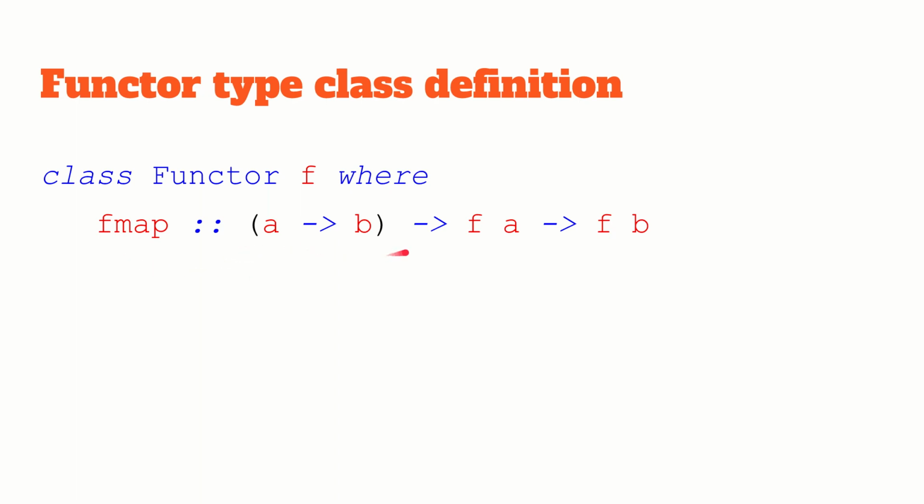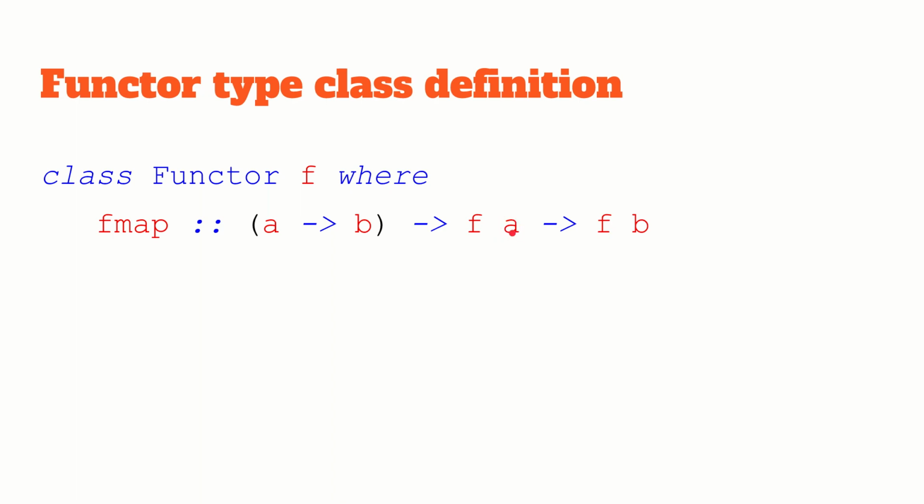This is a function name called fmap. You pass it a function that takes value a, say that's int, and returns value b, so that's toString. So this could be an int toString function. And you have your functor, so this is the item in a list, for example, and you pass it your value.